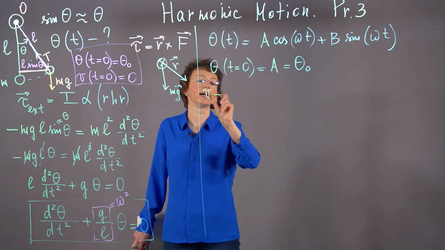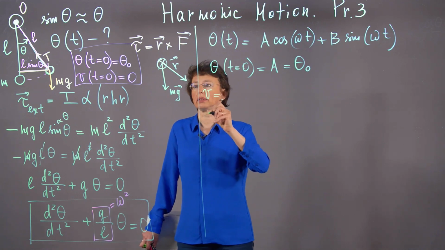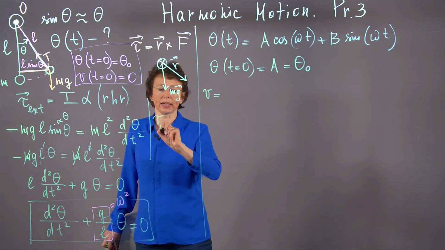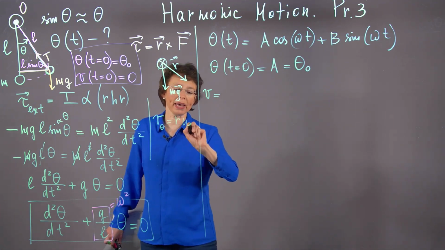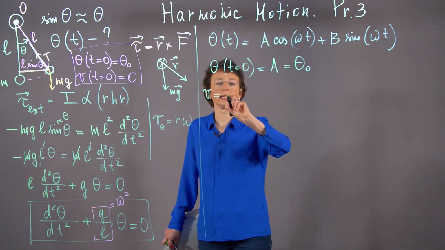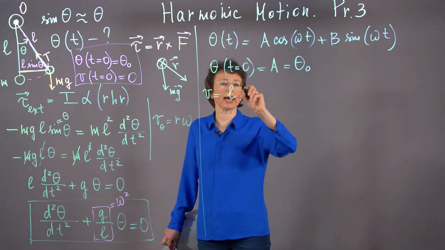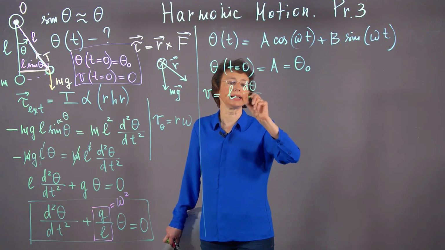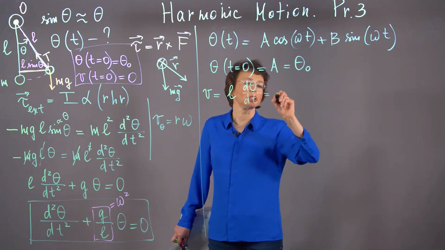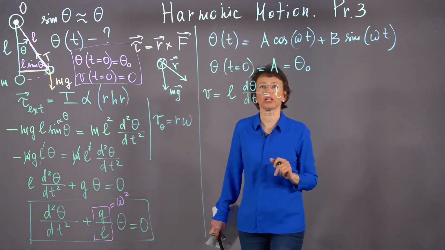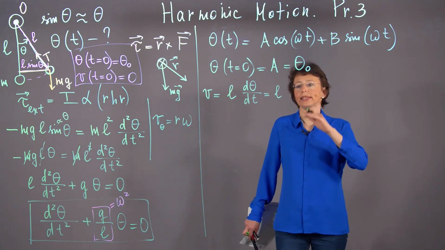Velocity, v theta, is r omega. Remember, v theta is r omega. What is r? It is L. What is omega? It is d theta dt. So I need to differentiate theta to find d theta dt.